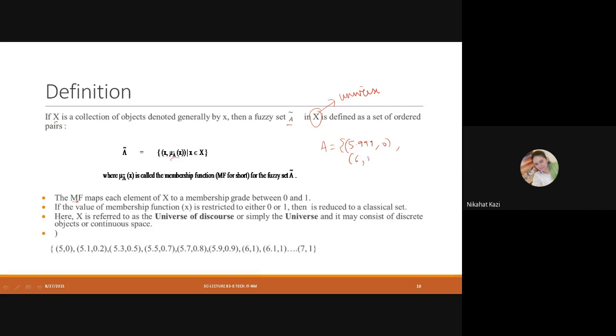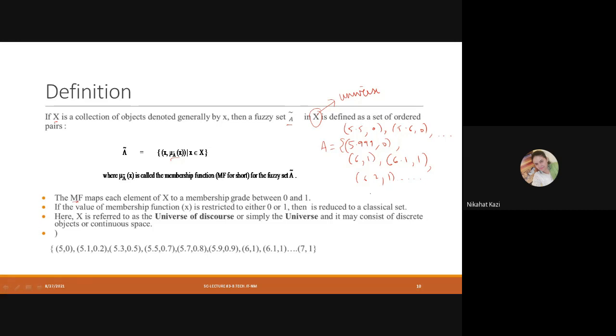So I say 6 has membership value 1, it belongs to the set. 6.1 also is 1, 6.2 is 1, and so on. Everything below 6, like 5.5 and 5.6, has membership value 0, and so on. Everything below 6 has membership value 0, but 6 and above has membership value 1.